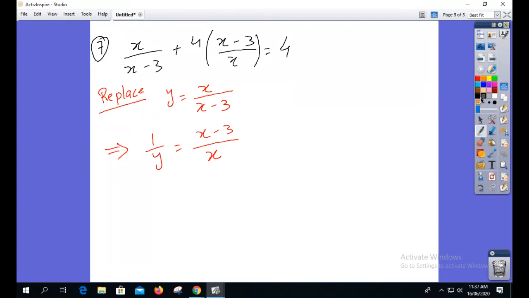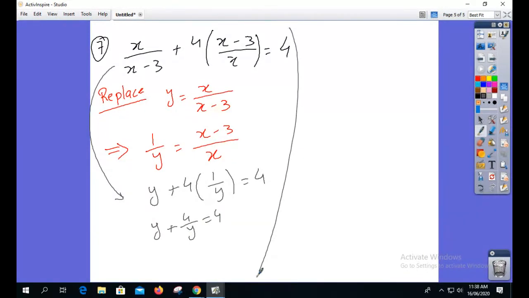Yes, sir. Okay, when we replace, we have y plus 4 into 1 by y equals to 4, that is y plus 4 by y equals to 4.